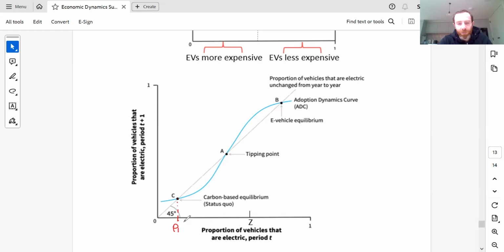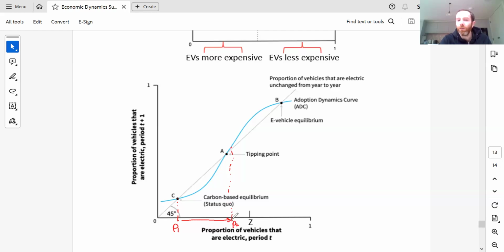If there was a big enough shock so that suddenly, like this year, enough people bought electric vehicles, so that actually we are to the right of the tipping point, well, what would happen? The proportion would go up and up and up until we eventually reach this higher equilibrium here. But you can see at the moment, that's going to require a massive shock. It's going to require a really strong reason why suddenly lots more people would buy electric vehicles.